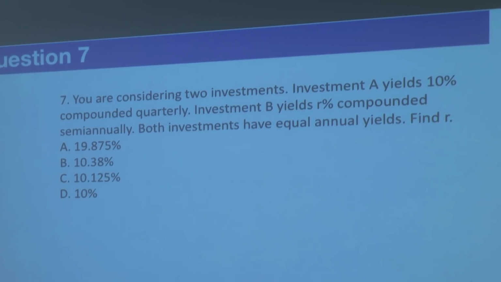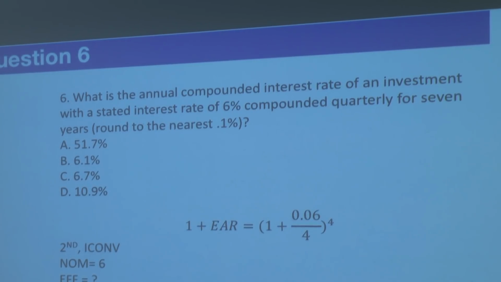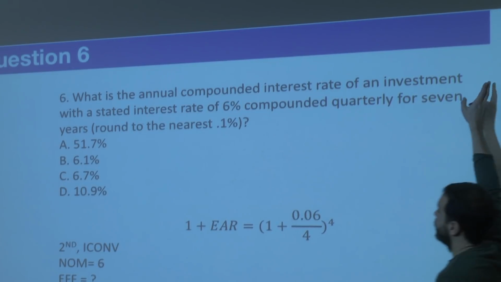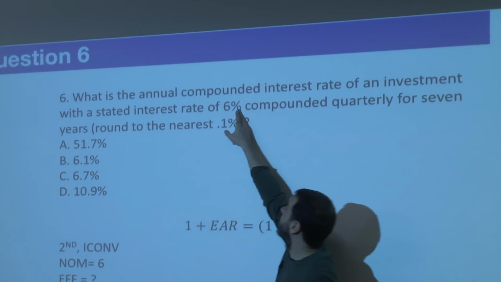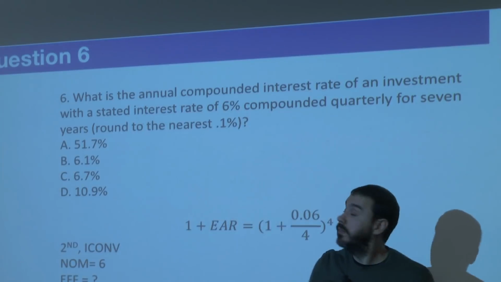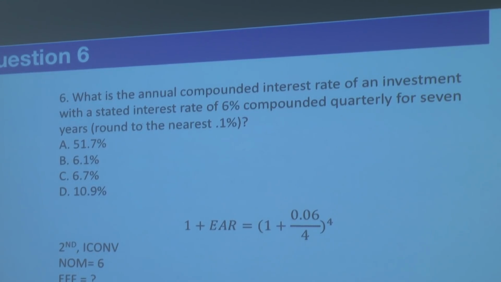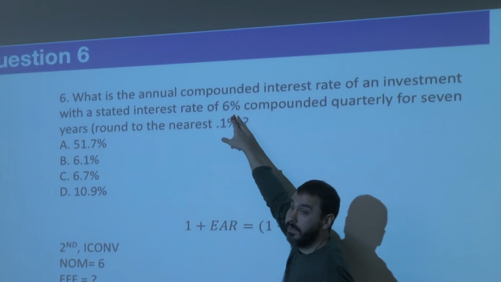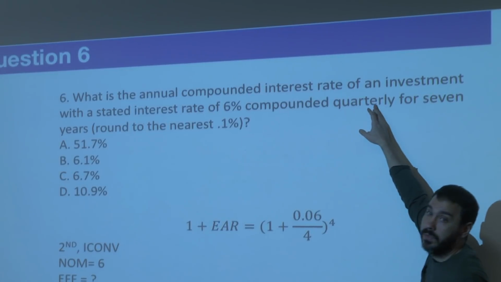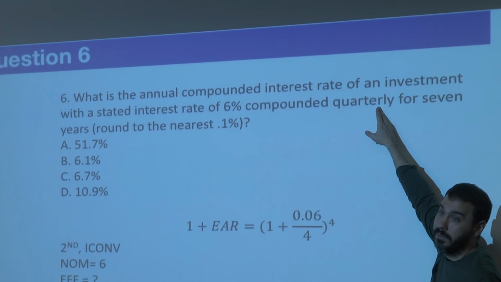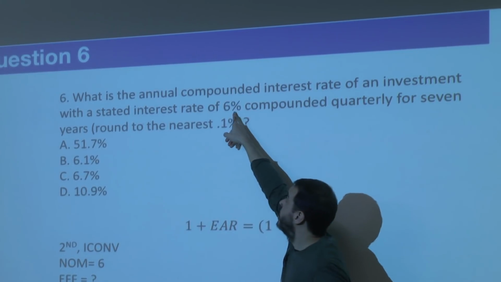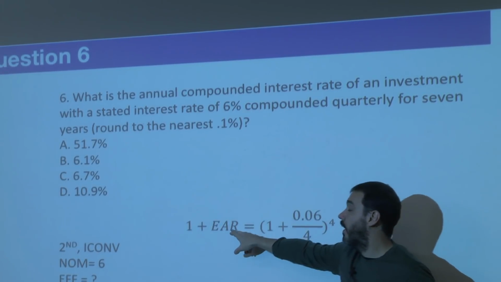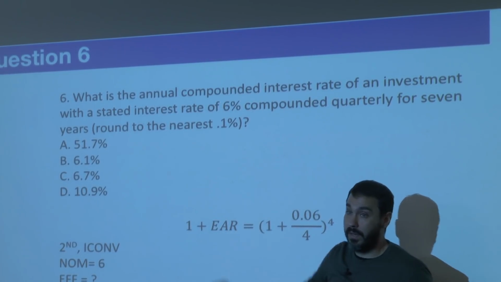Let's go back to the wording here. There's an investment with a stated interest rate of 6% compounded quarterly. It's telling you some rate, and then it tells you the compounding. Using these two pieces of information, you can find an EAR, an effective rate.